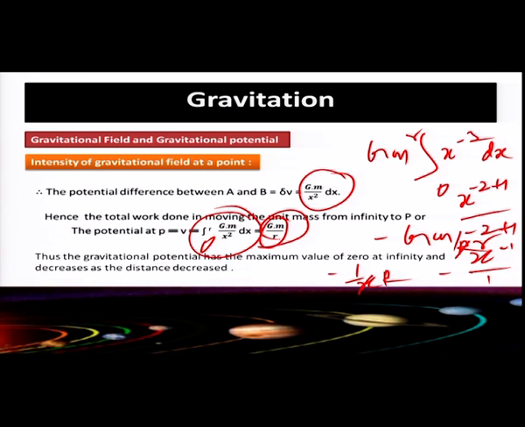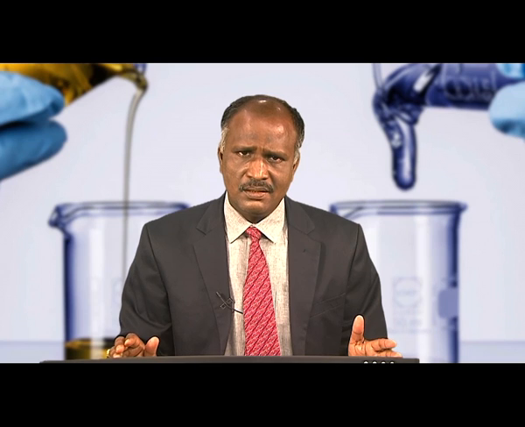We are coming to the end of the session. So far we have solved a problem in gravitation. To summarize, I am going to give the topics we have done in this lecture in a nutshell.